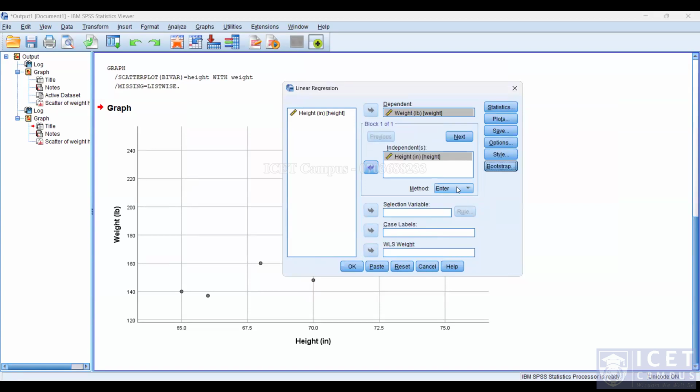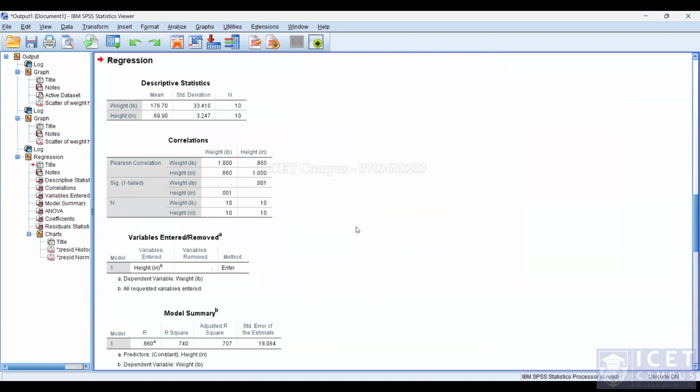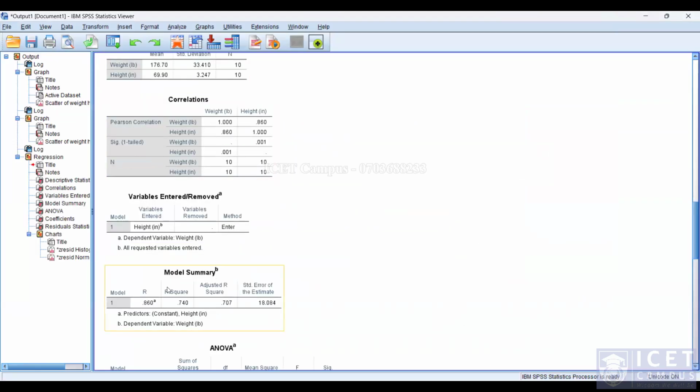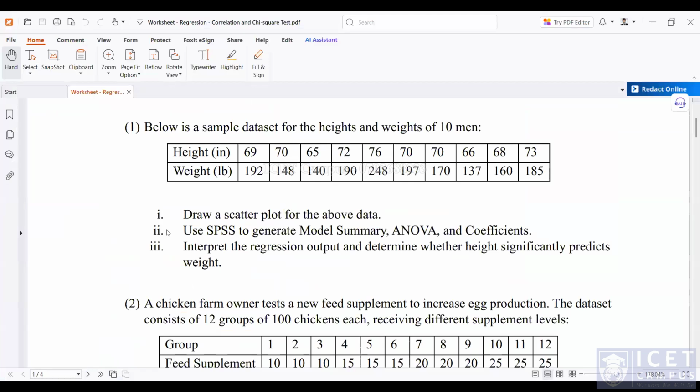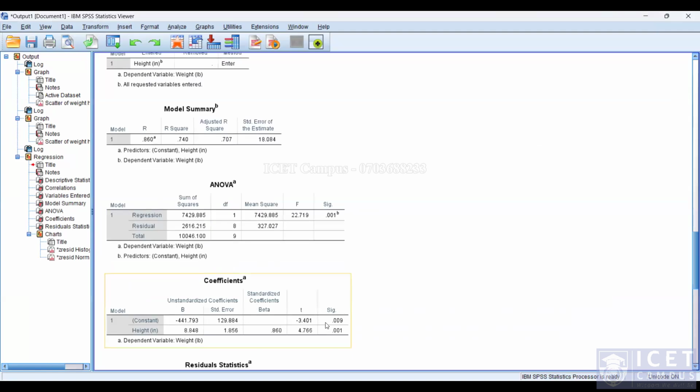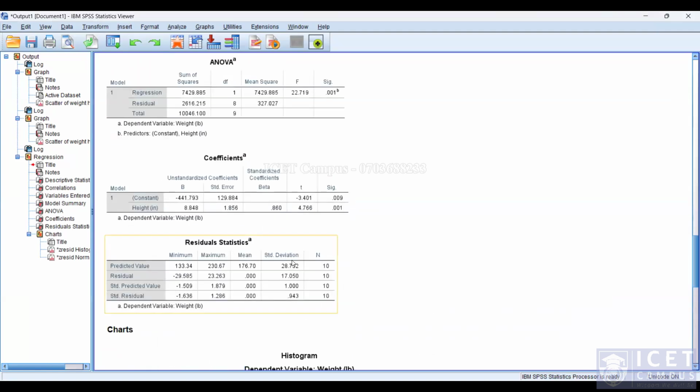Then we can take the method, right? Then as mentioned here, the model summary is there. Then the ANOVA table is there. And here we can see the coefficients. So we need to take these things.